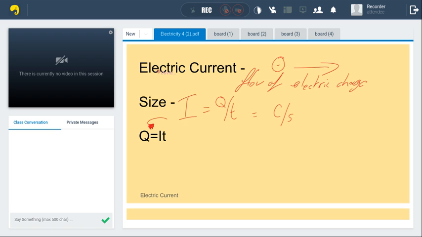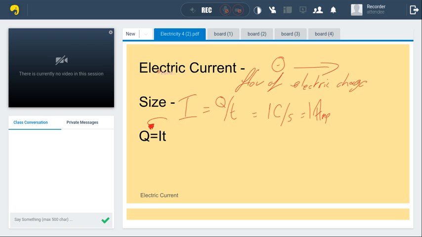We might be tempted to say coulombs per second, which it is, but it's given its own unit, which is the amp, or the ampere. So a single unit of electric current would be 1 coulomb passing a point per second. And that's it. So electric current, that's all it is.